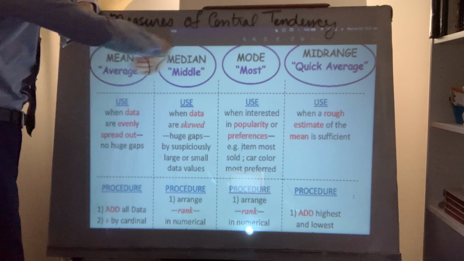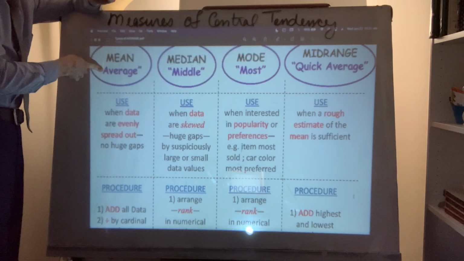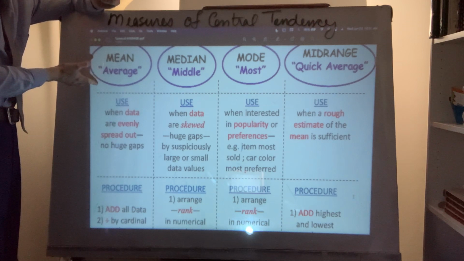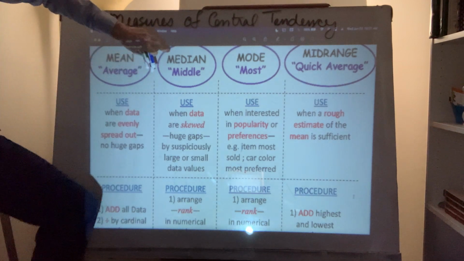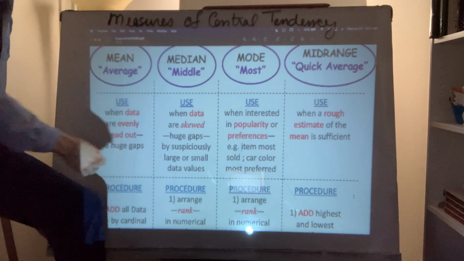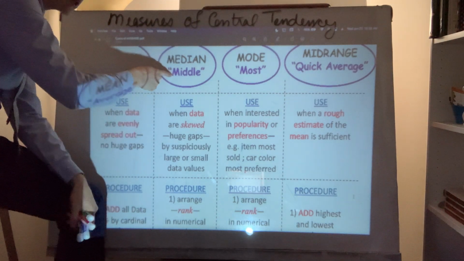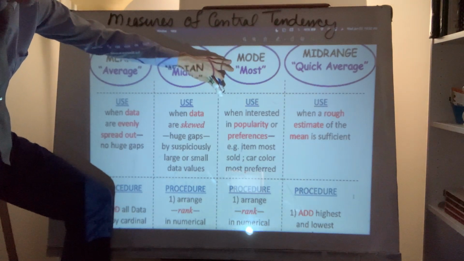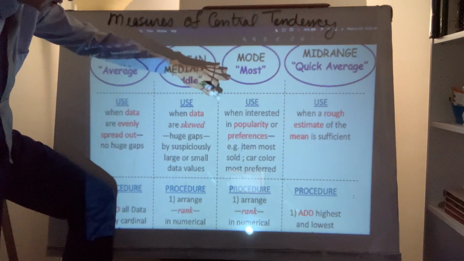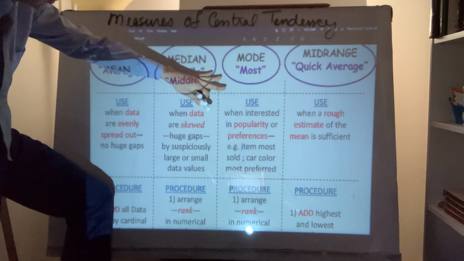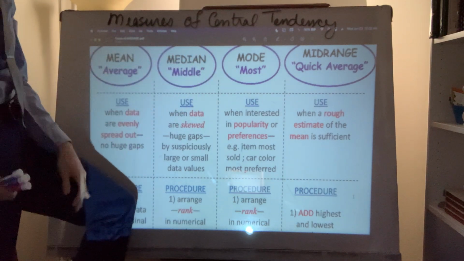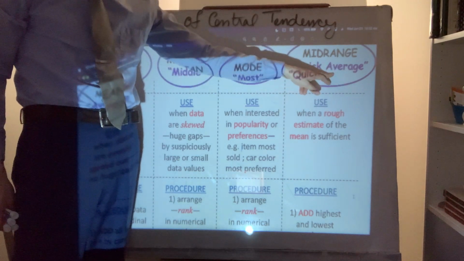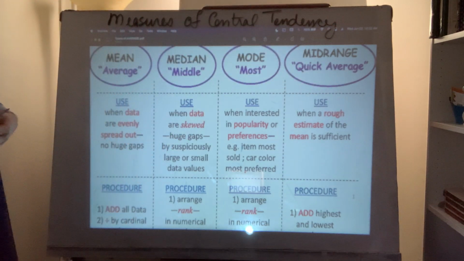All right, these are all averages, but this is the one most closely associated with the word average, at least in English. All right, when you think median, right, think literal middle. Okay, when you think mode, think most. All right, there are some instances when you don't have a clear mode, or there just simply isn't one. And mid-range is more or less a cheapy, quick average, if you will.